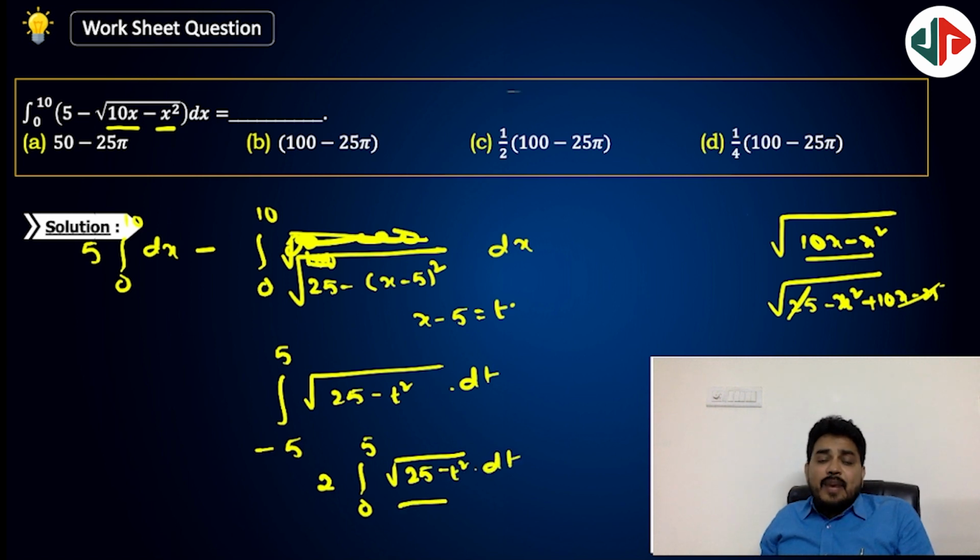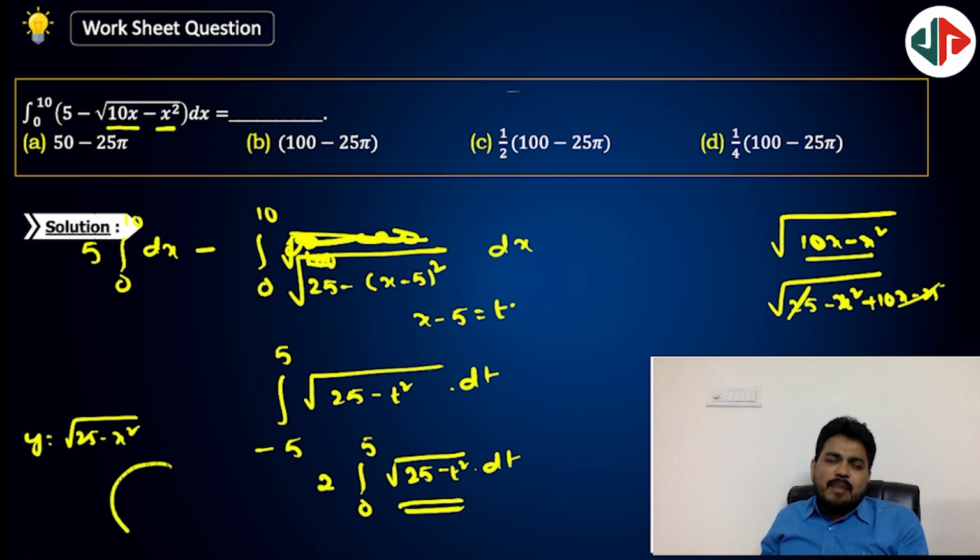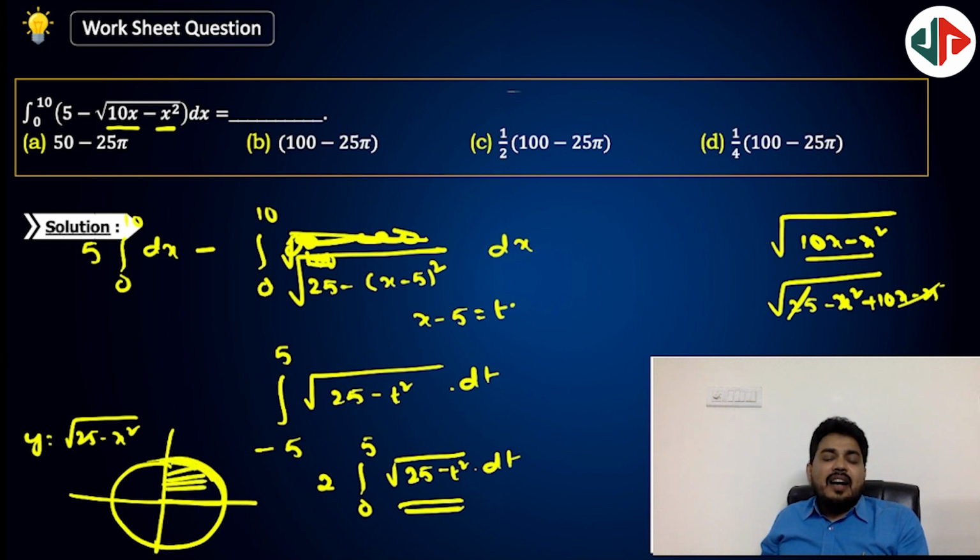So I need this value. Look at here, I'm not going for the integration. I'm going to do it like this. If y is equal to root over 25 minus x square, what is this one? x square plus y square is equal to 25, and I'm taking 0 to 5. This area, what is this area?